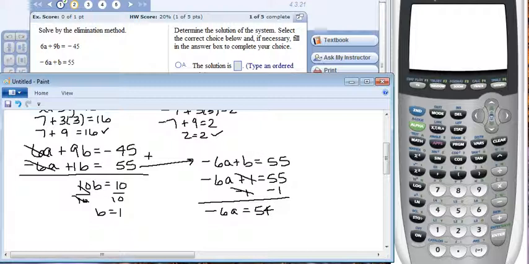Okay, so far so good. All right, and our last piece of the puzzle here is to divide through by negative 6, divide through by negative 6. So this is gone. So A is equal to 54 divided by negative 6 is a negative 9.